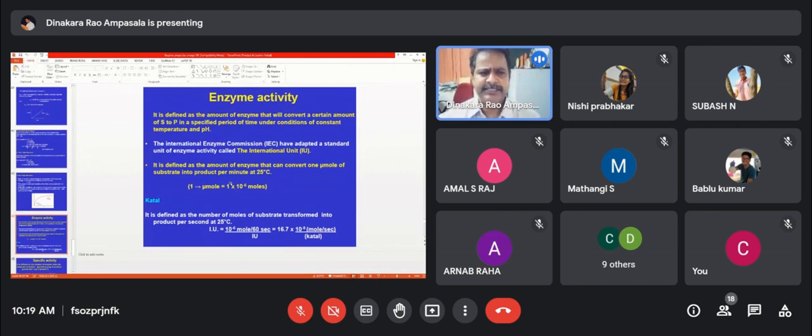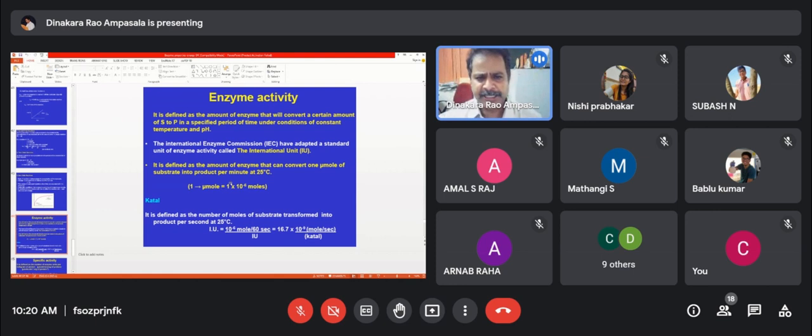Enzyme activity is defined as the amount of enzyme that will convert a certain amount of substrate into product. Here we have to take constant conditions like temperature and pH, and the time point also needs to be considered.